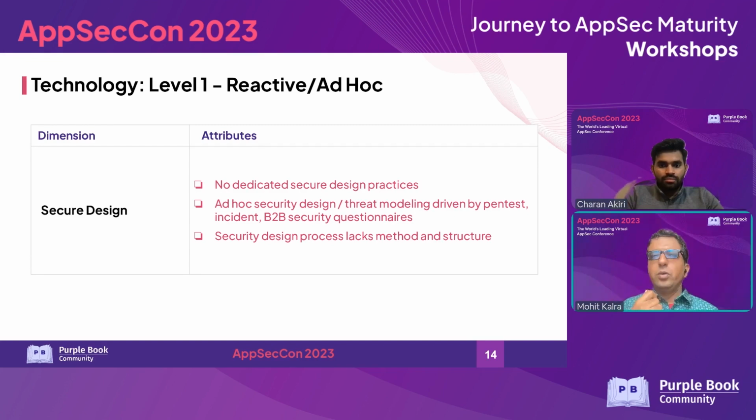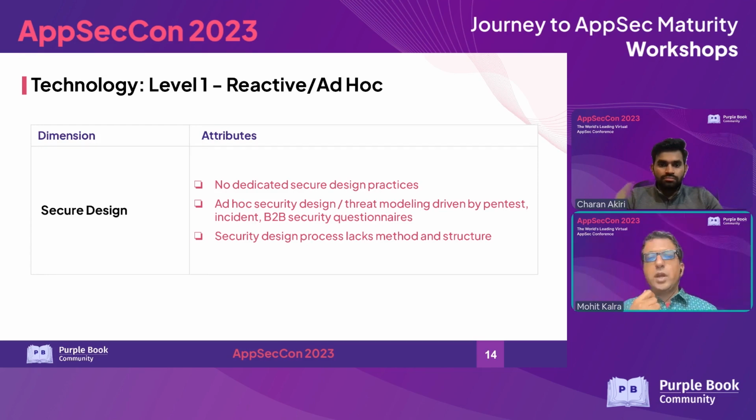You can count experts on a single hand, or maybe not even that. And of course, there is no structure to the entire process. So here, what you're lacking is wide expertise and a process. Also, you might not be targeting anything of value other than what is being asked. So it's a very reactive process, and time is not on your side.